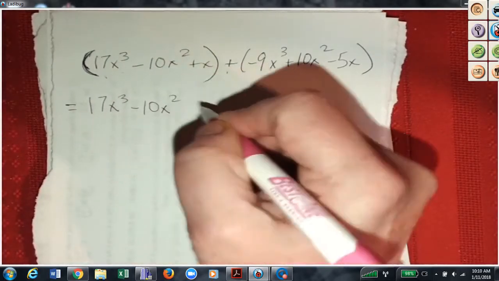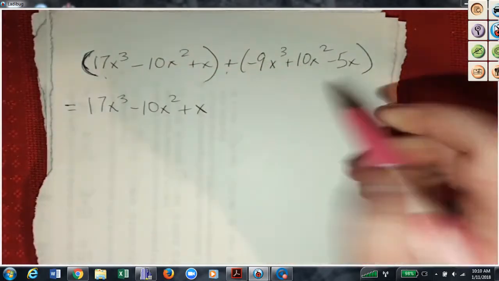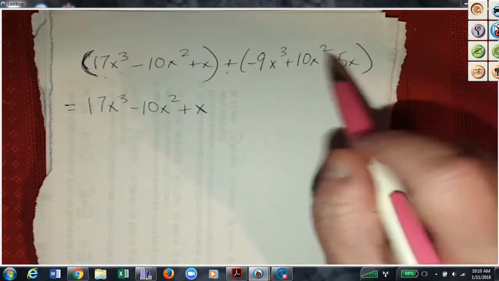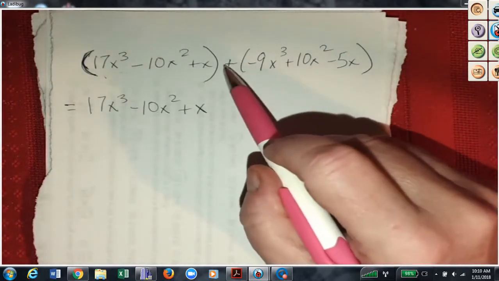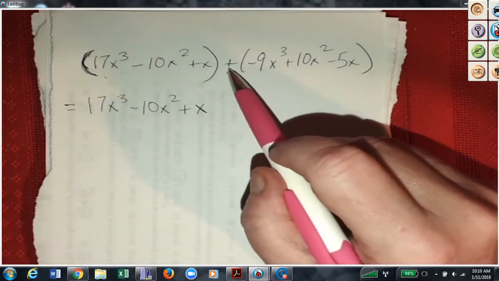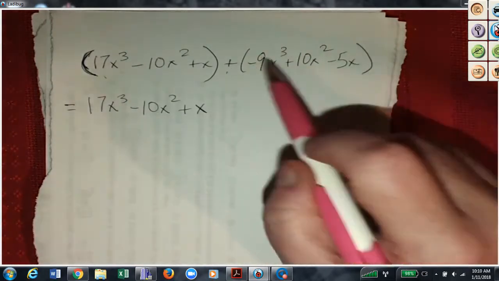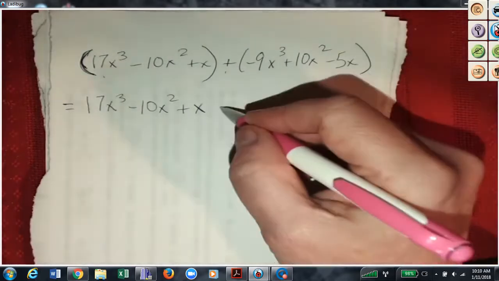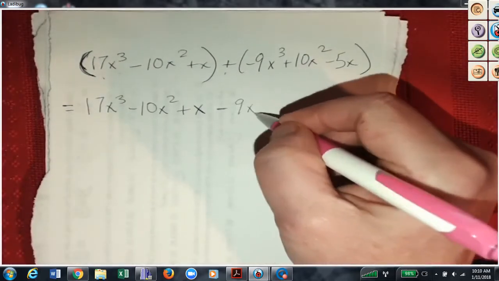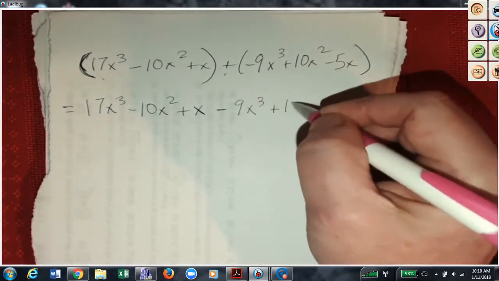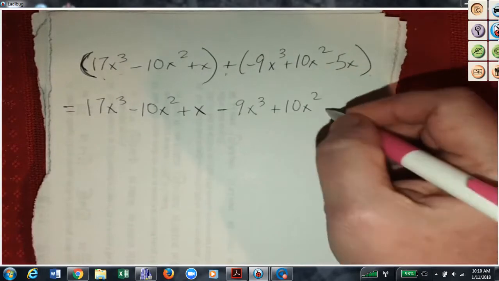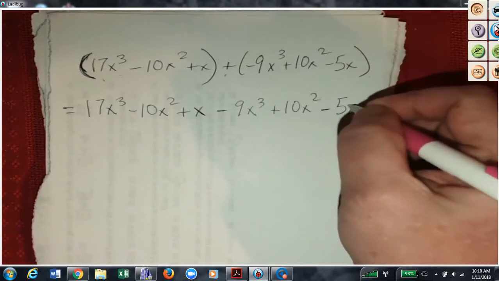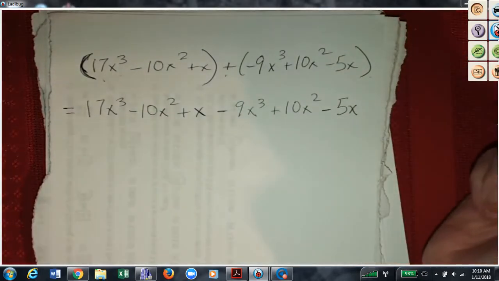Now the second set of parentheses, if the only thing in front of them is a plus sign, then I can also just drop the second set of parentheses, and I just copy down what's inside there. So in this particular example, the parentheses don't make any difference at all.